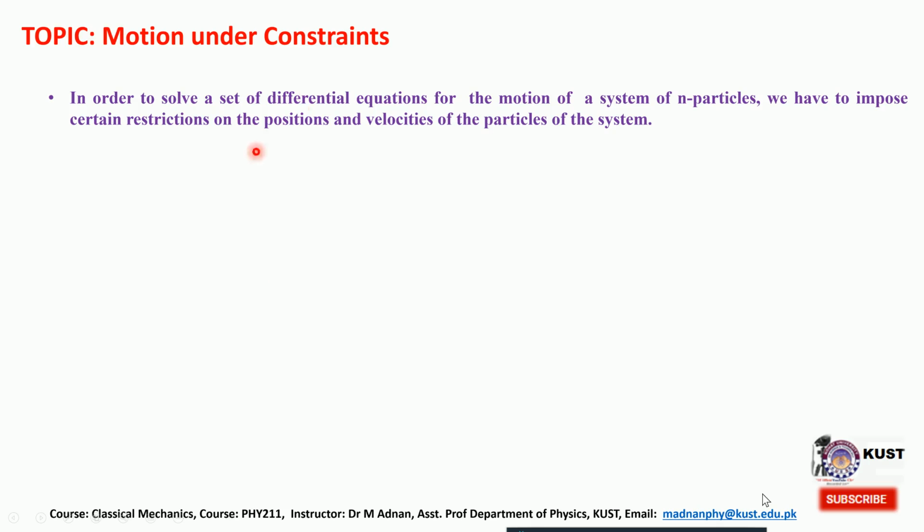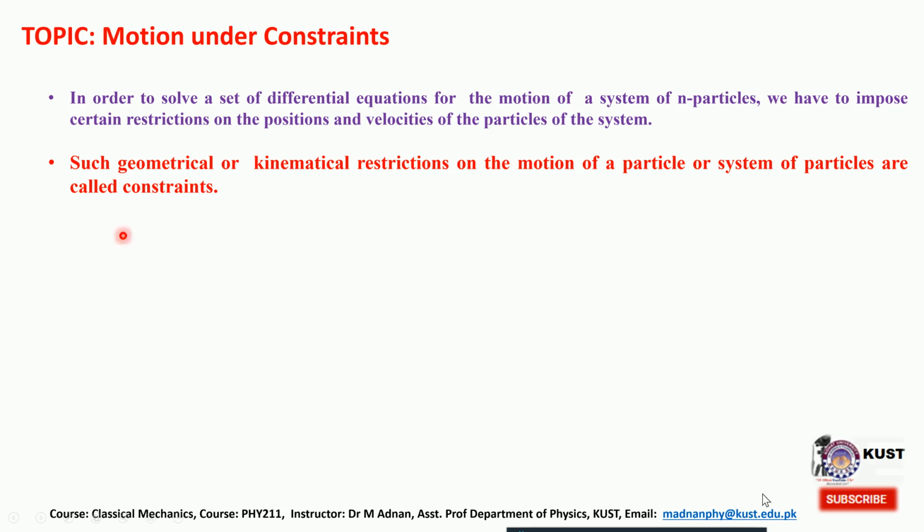In this lecture, we will describe these constraints, which are just restrictions on the position and velocity of the particles of the system, and also we need to see how Newtonian mechanics is difficult in describing those systems, and there is an alternate mechanics which we will try to introduce in this lecture as well.